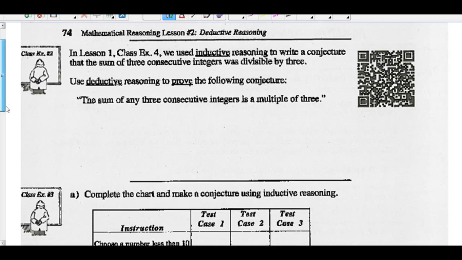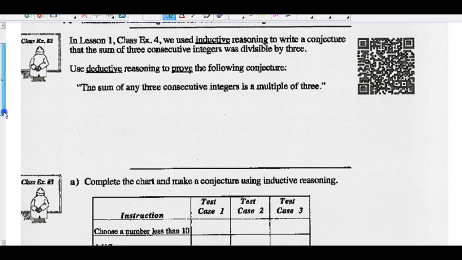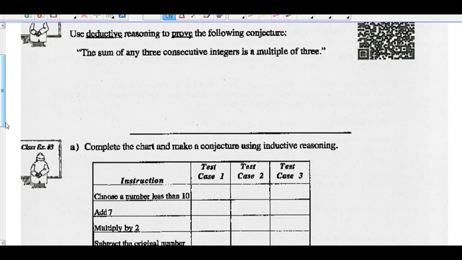So lesson 1, class example 4, we used inductive reasoning to write a conjecture about the sum of 3 consecutive integers being divisible by 3. Use deductive reasoning to prove the following conjecture: the sum of any 3 consecutive integers is a multiple of 3. Step 1, if I want to use deductive reasoning, I want to introduce some variables. I'm going to let the variable n equal the first integer.